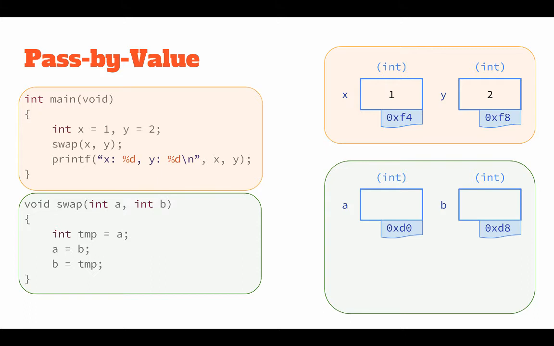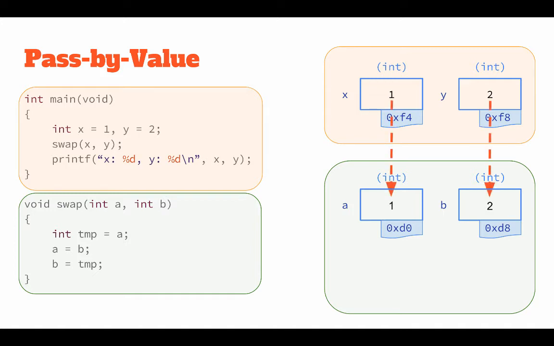And as soon as I call this swap function, the arguments are int a and int b. So that will actually set aside memory for two completely new variables, a and b, inside of my swap call stack.